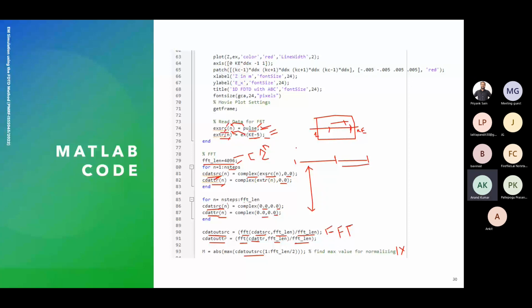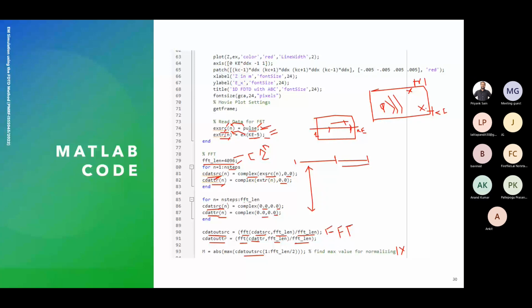Just in case you want to relate it, for example, if there was a simulation space where you were using an antenna over here, and it was radiating, and you wanted to see what is being received at this particular point and this particular point, you could store the values, for example, as tr1 and over here as tr2, and then perform an FFT on these two values and see what you received.